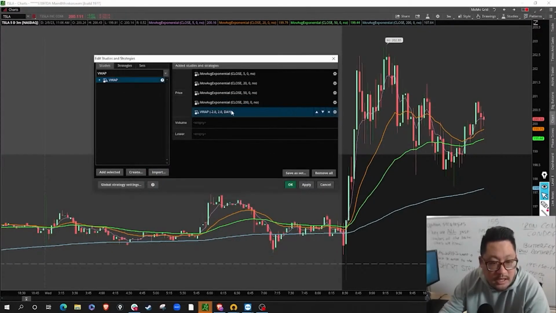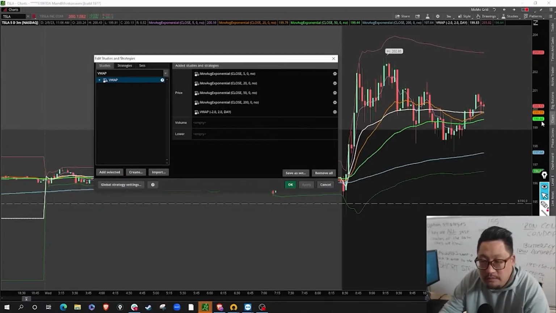Again, you press OK. The settings are already preset, so we definitely just want to work in the color. Now, if this ultimately is too much noise, what we could do is start taking away the exponential moving averages. But I promise you, there is a rhyme and a reason for everything that I utilize here.